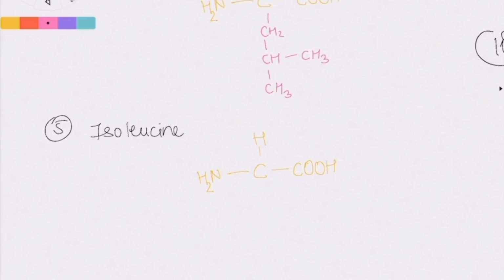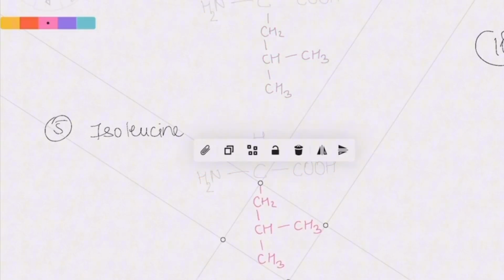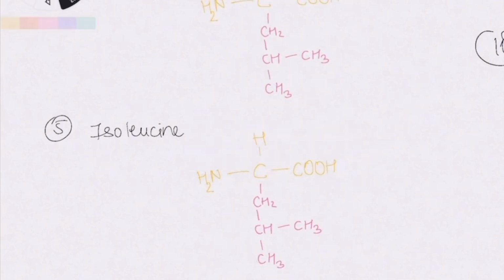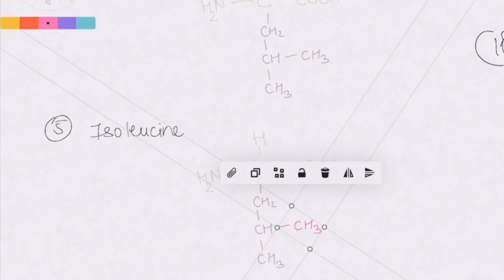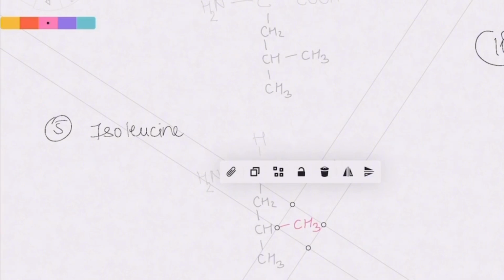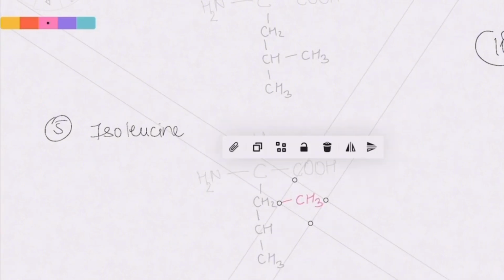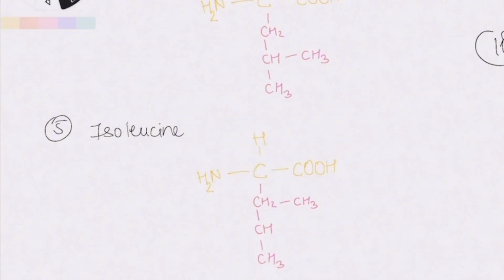Next, we have isoleucine. For isoleucine, we're gonna copy the chain that we had for leucine, the previous side chain, and then what we're gonna change here is this methyl group that's branched right over here, and we're just gonna move it one up. And there you go, there you have our isoleucine.